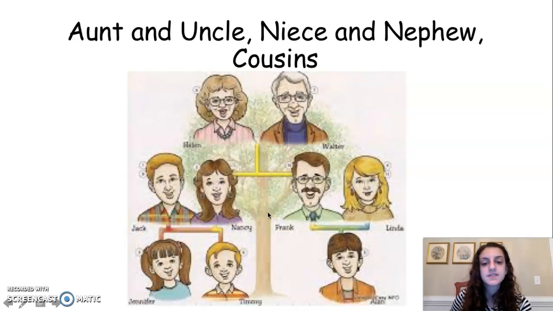Timmy is Frank's nephew because Timmy is the son of Frank's sister. So Frank is Timmy's uncle and Timmy is Frank's nephew.